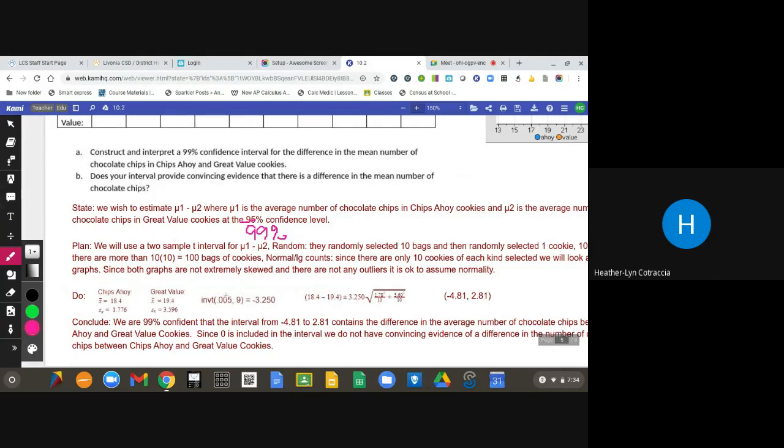So again, to do that, what I would do is I always sketch this, and I'm going to put 99% on the inside there. So that leaves 1% for the outsides.